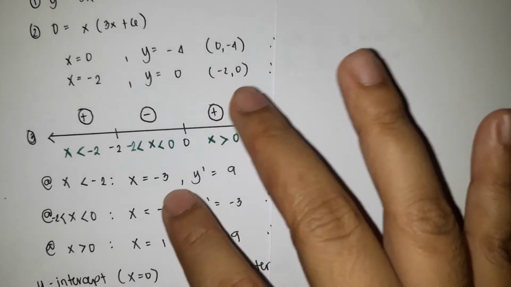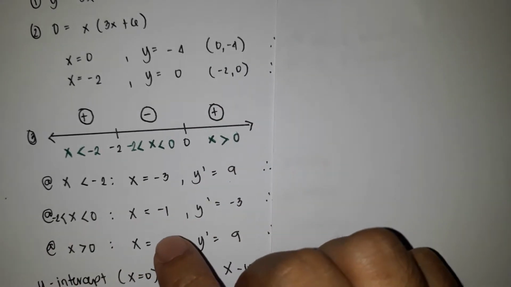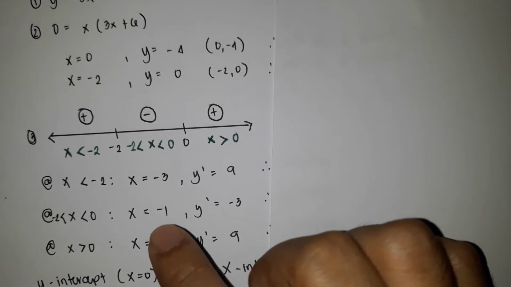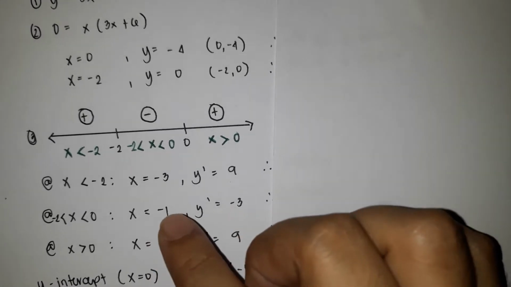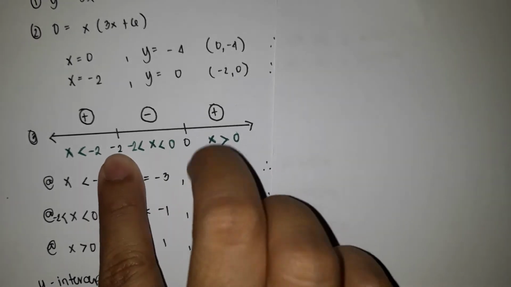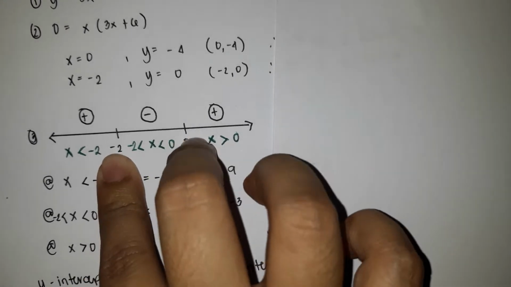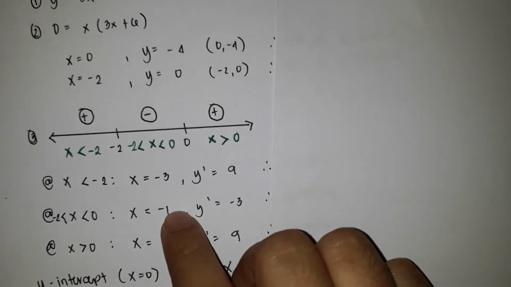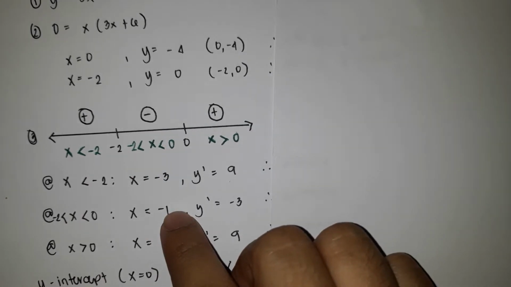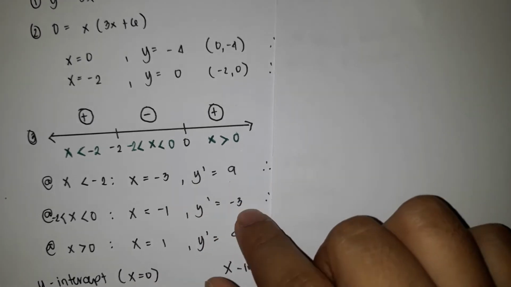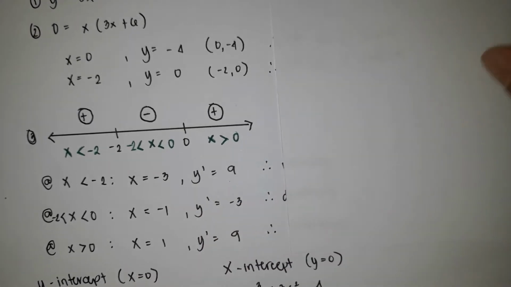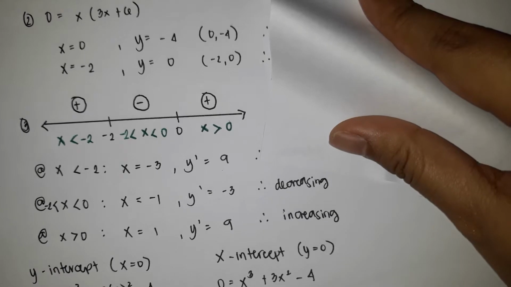Next is at x greater than negative 2 and less than 0. So it is from here to here. The number in between that we use is negative 1. As we substitute it to the derived function, it resulted to negative 3. So therefore, the curve is decreasing.